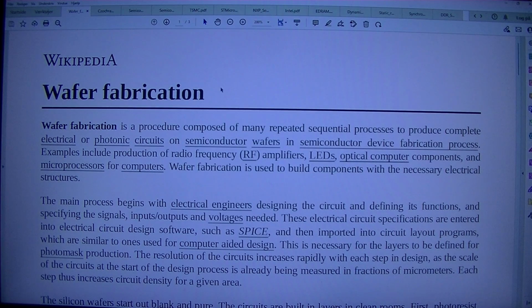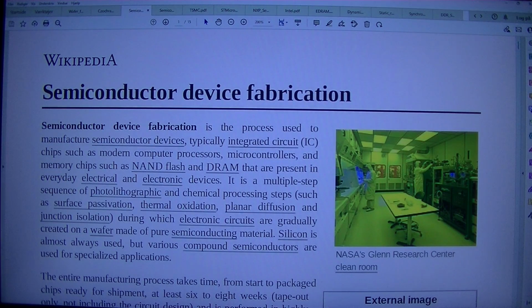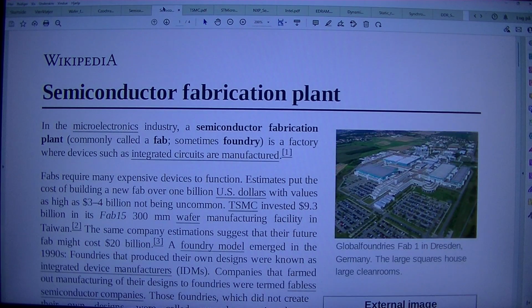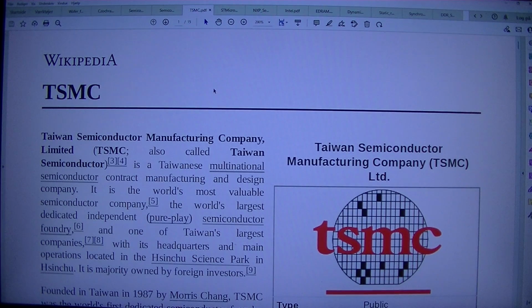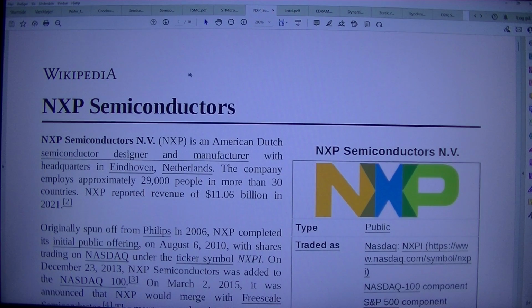So this is the Wafer. Okay, that's only three pages. This is 6 Socialetsky methods, 6 pages. Then semiconductor device fabrication, semiconductor fabrication plants, TSMC 15 pages, ST Microelectronics 10 pages, NX Semiconductors 10 pages.